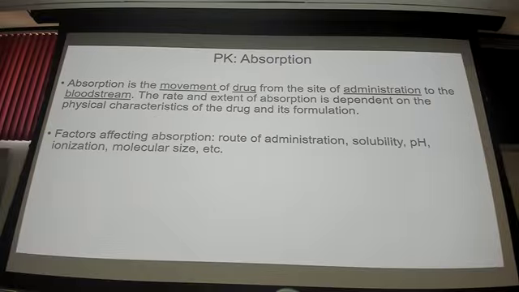We know that a drug's absorption is its movement from the site of administration into the bloodstream. And of course, that depends on a number of characteristics of a particular drug, in addition to how the drug was administered: the size of the drug, the lipophilicity of the drug, and also the pH, because the pH will affect the drug's ionization.